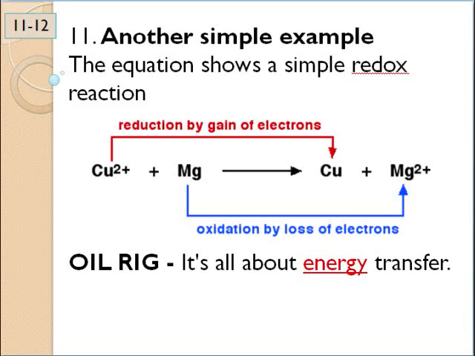Now, look at the magnesium though. He was nothing, and now that sucker is +2. What happened to make him become +2? Gain or lose 2 electrons? He gained. Huh? He had to lose 2. Because if he gained 2, he would become a -2, wouldn't he?